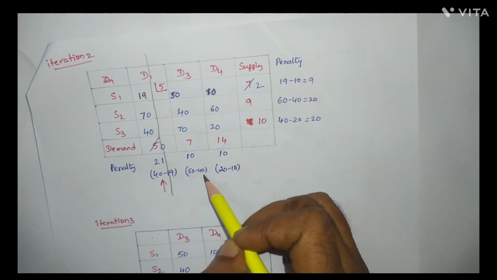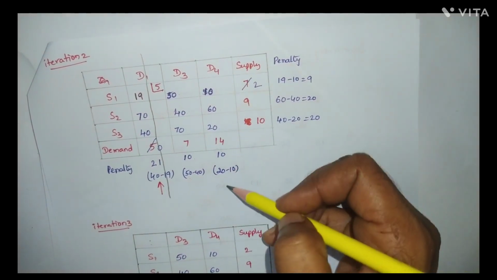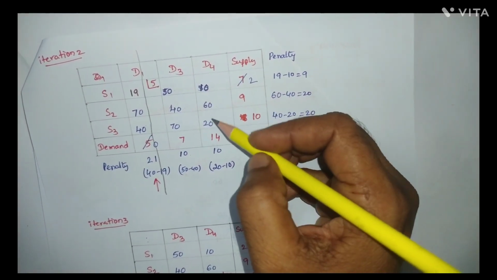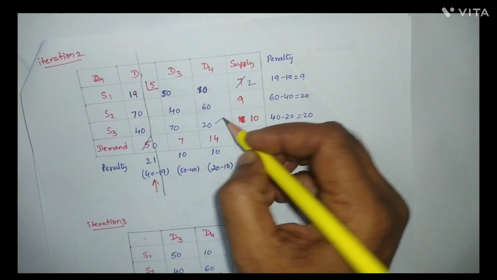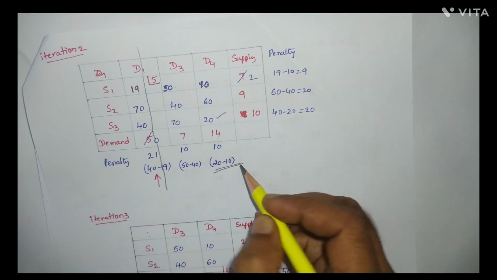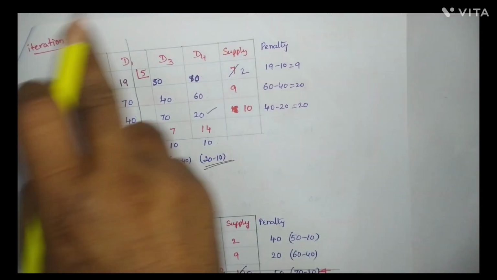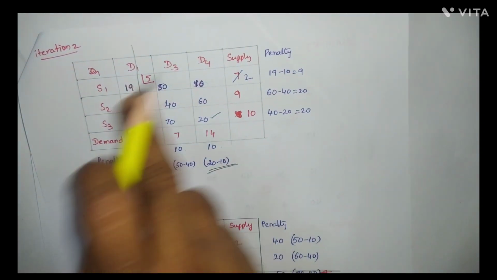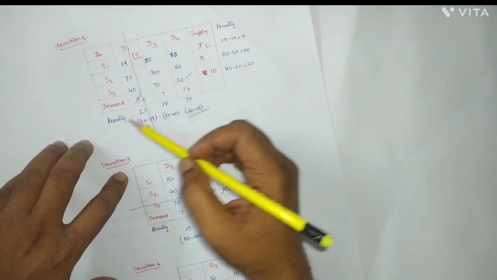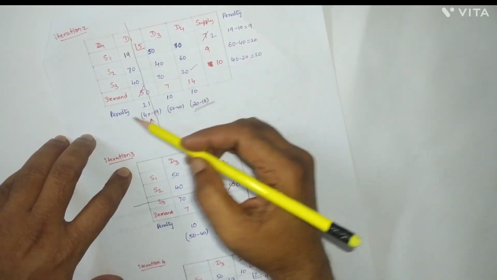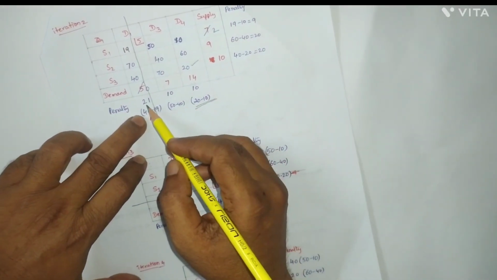In the fourth column, the first minimum is 10, the next minimum is 20. 20 minus 10 equals 10. After calculating all penalty values row wise and column wise, once again we identify the maximum penalty value.